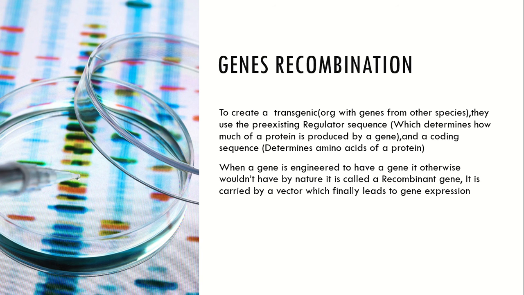They use two sequences: the regulatory, which basically acts as the counter, how much of a protein is produced by that gene, and also the coding sequence, which specifies what the amino acids are in said protein.